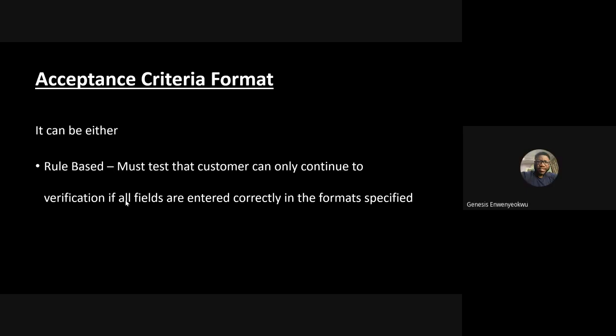You're not following a structure that says given that, when this, then this. So in a nutshell, rule-based is a bit easier and simpler than Gherkin syntax. Yes, a lot easier and simpler. But developers would even prefer you to write Gherkin syntax, because Gherkin syntax helps them to understand the premise.